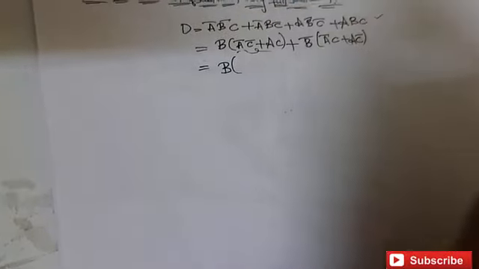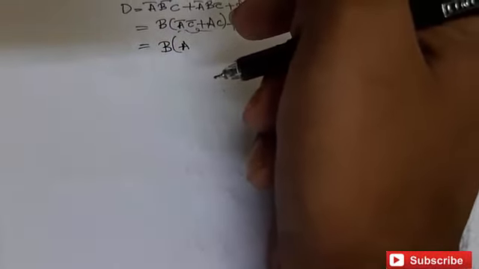Here B into A bar C bar plus A C, you already know the logic expression for this. That will be the XNOR gate, right? If you give the complement to the XOR gate, you will get the XNOR gate.